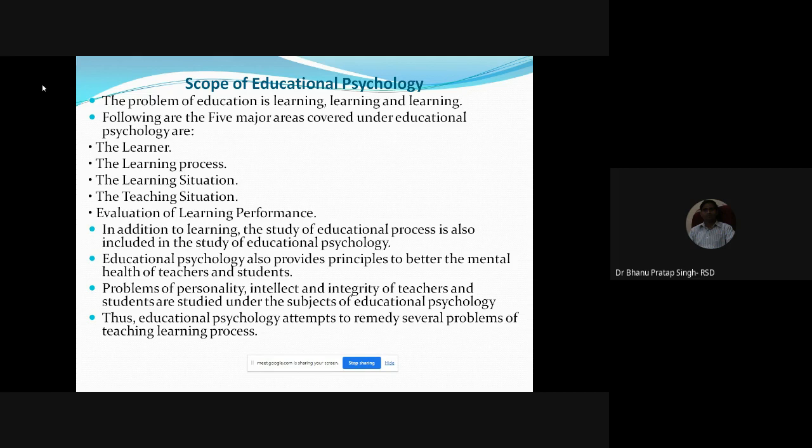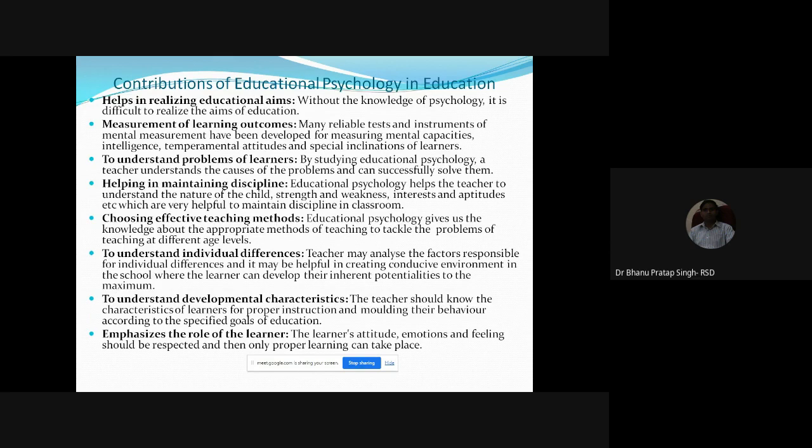There are four important areas: learner, learning process, learning situations, and teaching situations. We will discuss these four next. So what is the contribution of educational psychology if we talk about education?